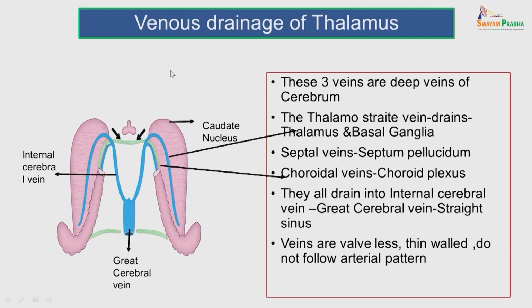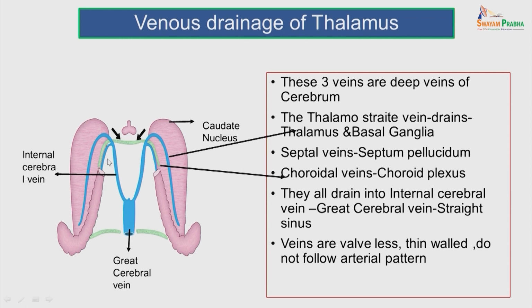The venous drainage, like all the venous drainage in the brain, finally drains into the intracranial venous sinuses. It has three sets of deep veins: the thalamostriate vein draining the thalamus and the basal ganglia, the septal veins draining the septum pellucidum, and the choroidal veins draining the choroid plexus.